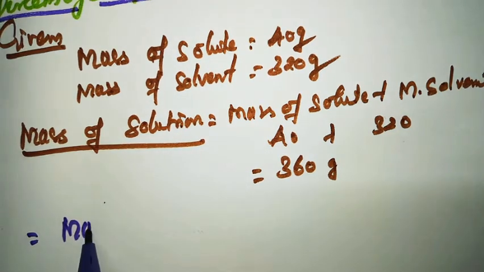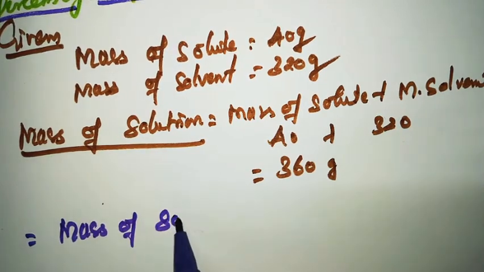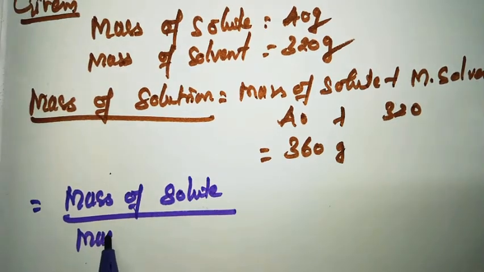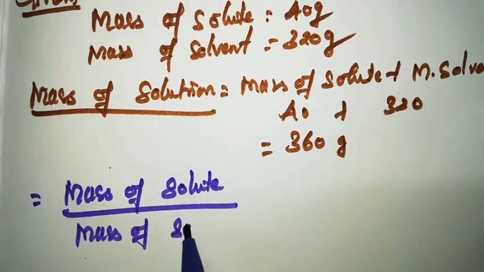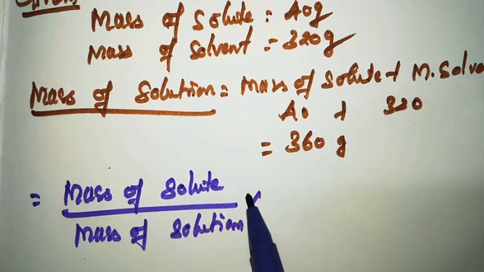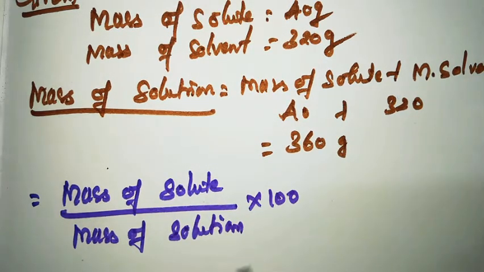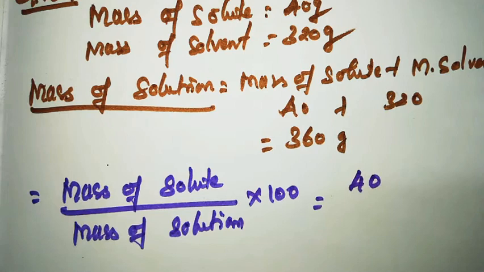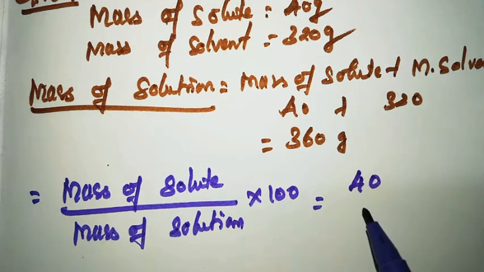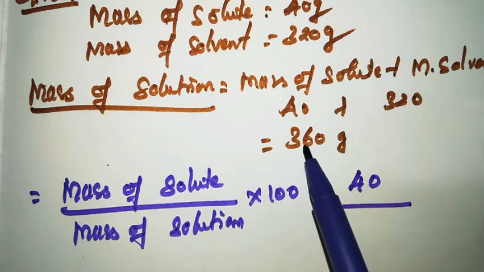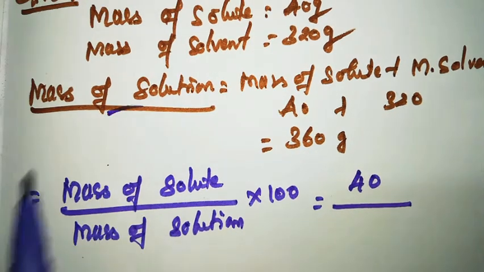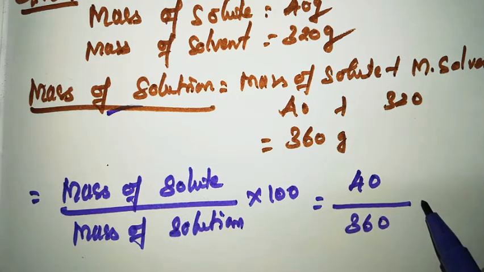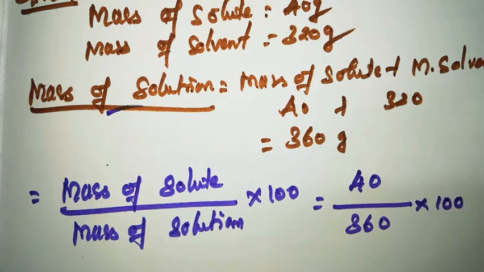Mass of solute is 40 gram. Mass of solution we already know: 40 plus 320, so 360 is the mass of solution. So 40 divided by 360, multiplied by 100.